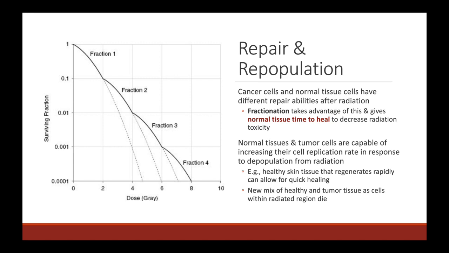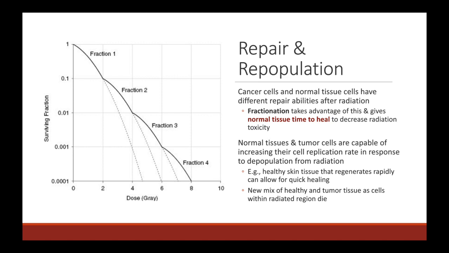And the reason for this is that cancer cells and normal tissue cells have different capability of repairing after radiation. So fractionating radiation and splitting up the dose into multiple small doses actually takes advantage of this, and it allows our normal tissues to heal in between treatments while gradually building up to the dose that will cause cancer cells to die.